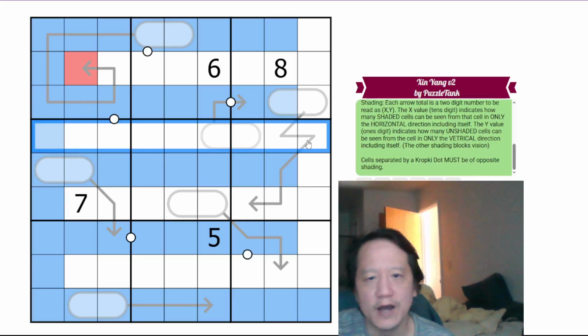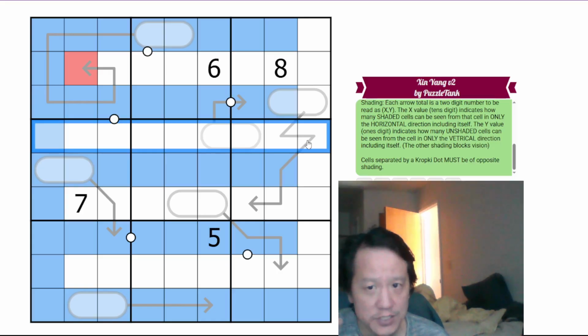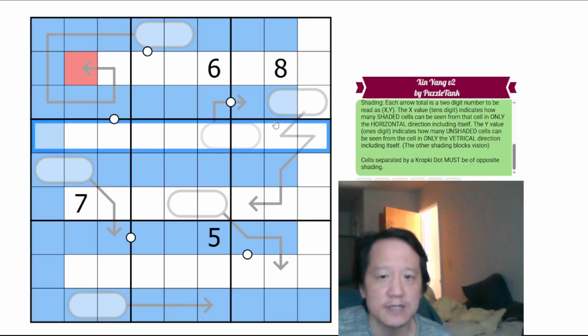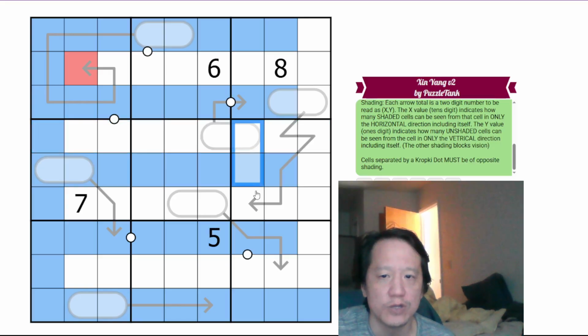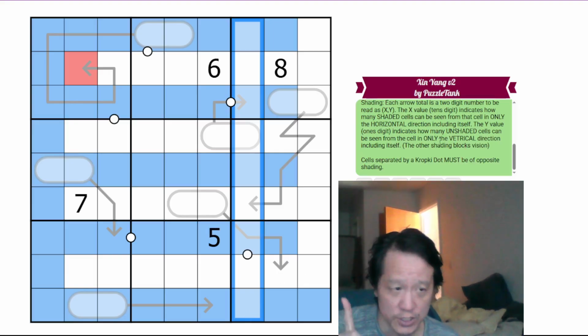The y value, which is the ones digit, indicates how many unshaded cells can be seen from the cell in only, it's misspelled, the vertical direction, including itself. And the other shading blocks vision.